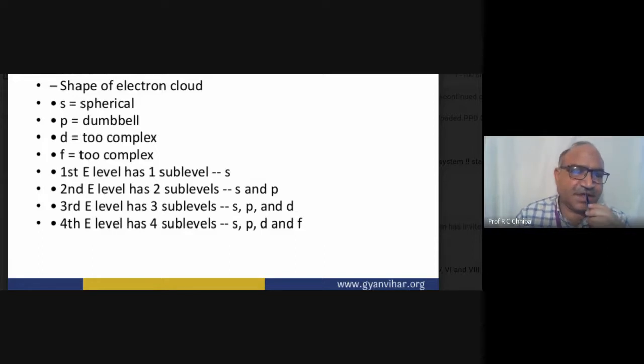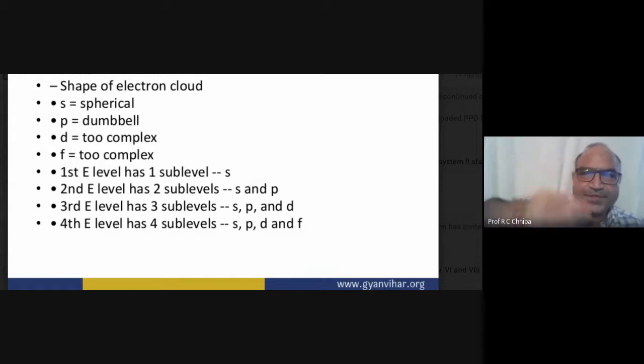The first energy level has one sublevel, S. The second energy level has two sublevels, S and P, as we have already discussed in the periodic table.